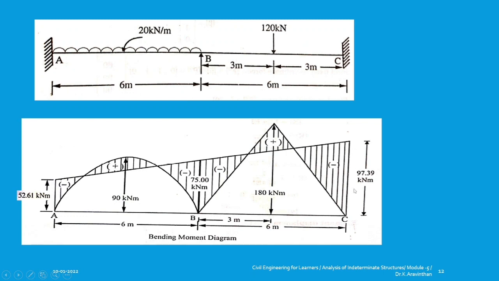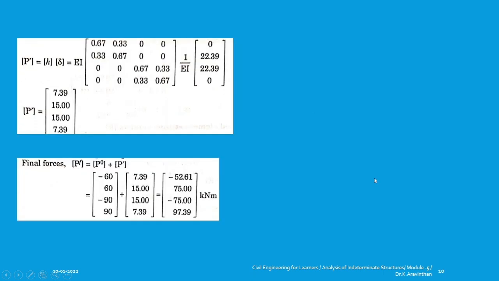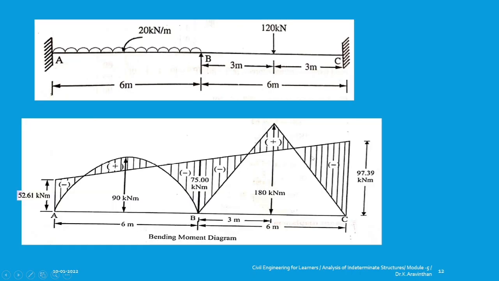And at the joint C it is 97.39. So all the moments you got, connect all the points, and you will be getting a straight line. So this is the negative moment what you have done by using the matrix stiffness method, and the positive bending moment will be taken by using simply supported beam. Consider it as simply supported, you will be getting positive moment.